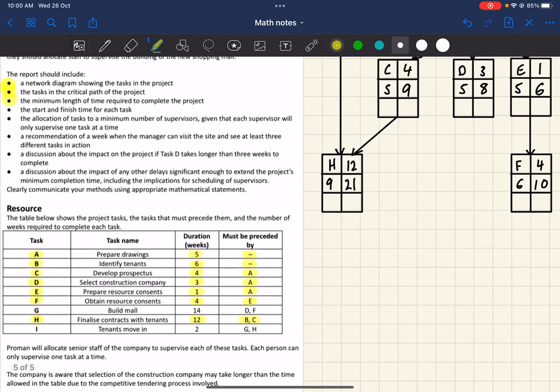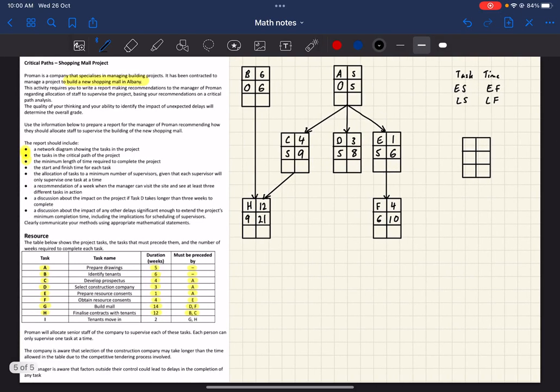Now, we have done D and F, so we can do task G, but we haven't done task G, so we can't do I yet. Okay, so we can do task G. It starts after D and F. So I'm going to narrow down here.